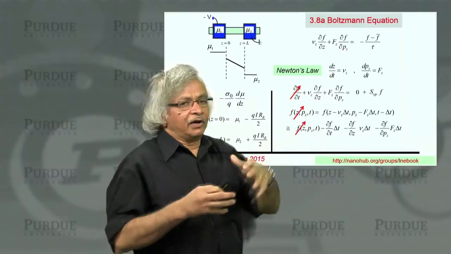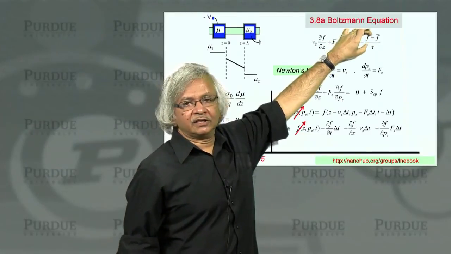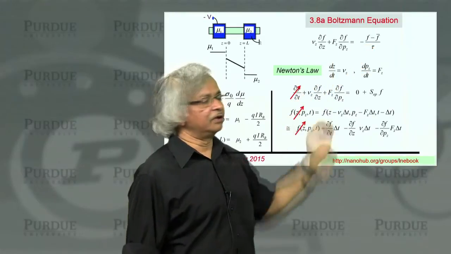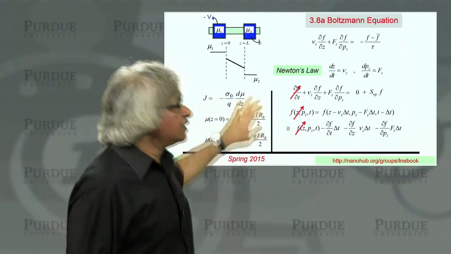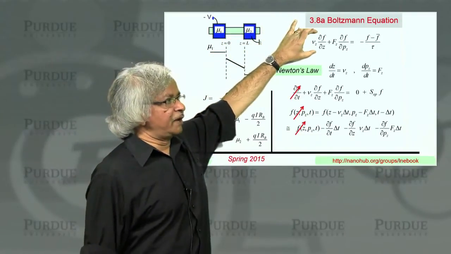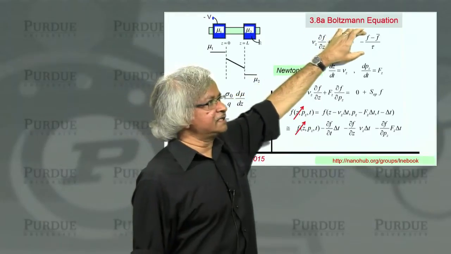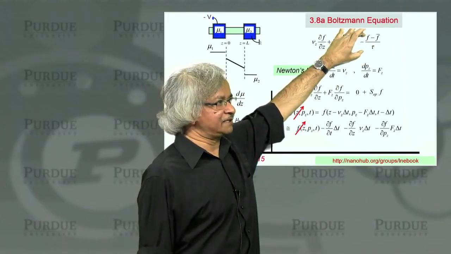On the other hand, if you're away from equilibrium, then the scattering processes will give you a term proportional to how far from equilibrium you are. This is what's often called the relaxation time approximation. So this is the form of the Boltzmann equation that we could use. As I said, what we have done here is include the scattering term in this relaxation time approximation.